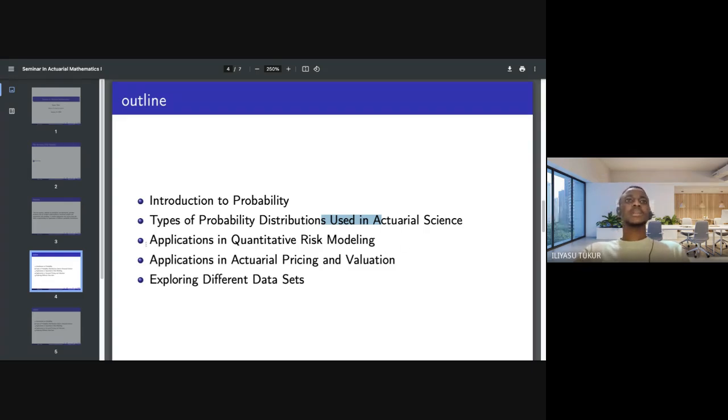Okay, so next we are going to look at application in quantitative risk modeling. Here we are going to do some quantitative risk modeling, just like what we started doing in risk analysis.